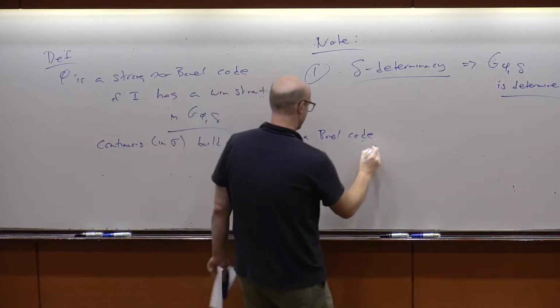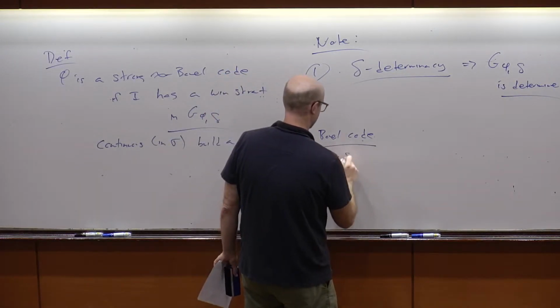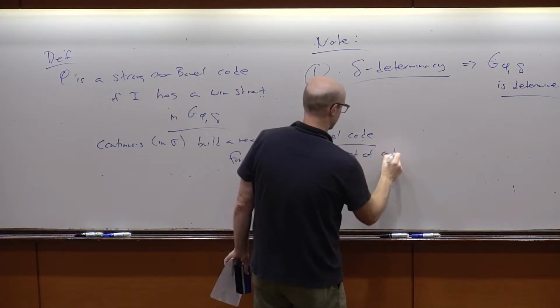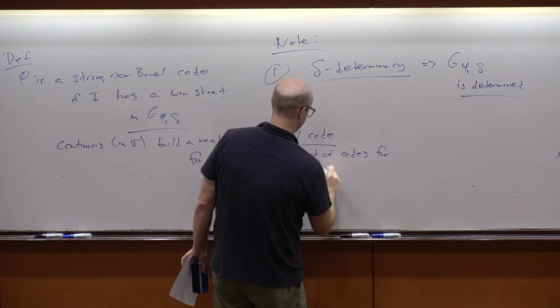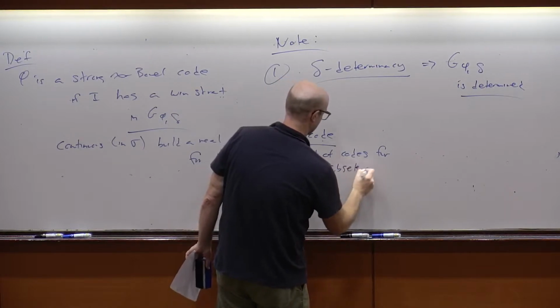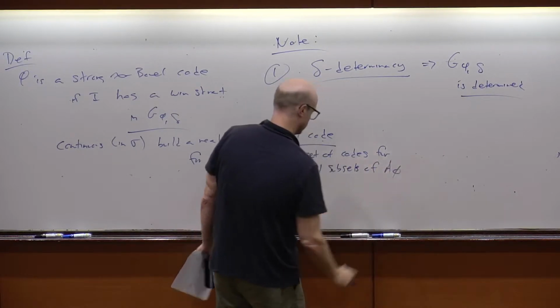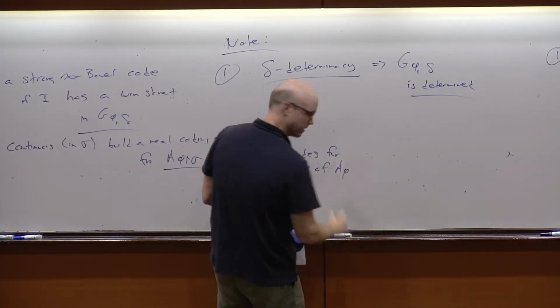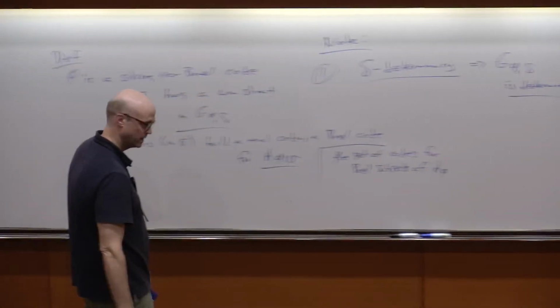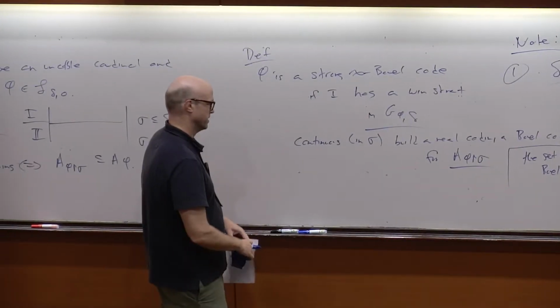And then the set of codes for Borel subsets of the reals A phi, that's just a set of reals. So that's our A from the definition of ordinal determinacy.